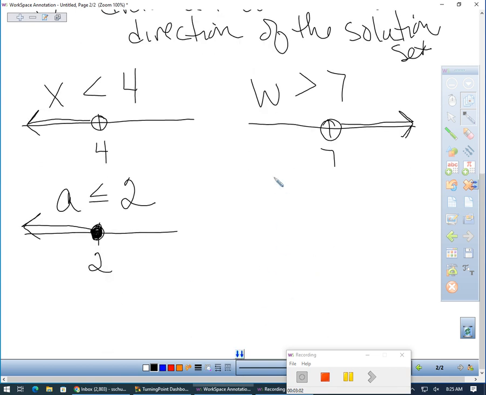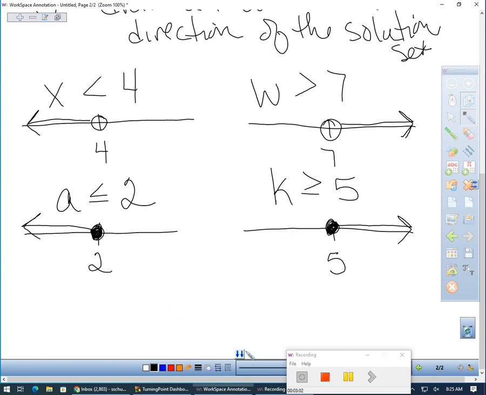And last one, we're going to say K is greater than or equal to 5. So on my number line at 5, again, because it's greater than or equal to, I have a closed or filled in dot. And it goes to the right. And again, you'll notice my arrow is the same direction as my inequality. My inequality points the way it's going. So this part's super easy, right? Let's get to the new stuff. What do you think?